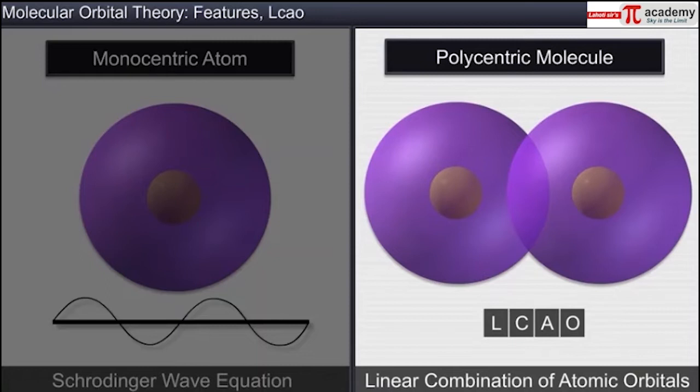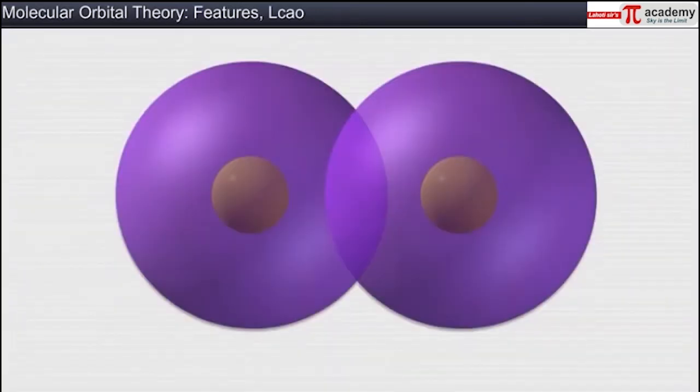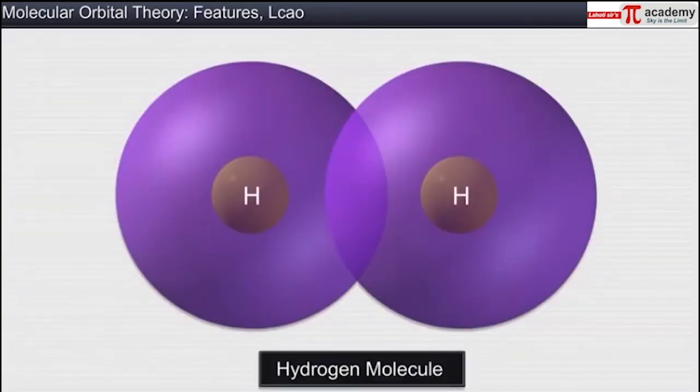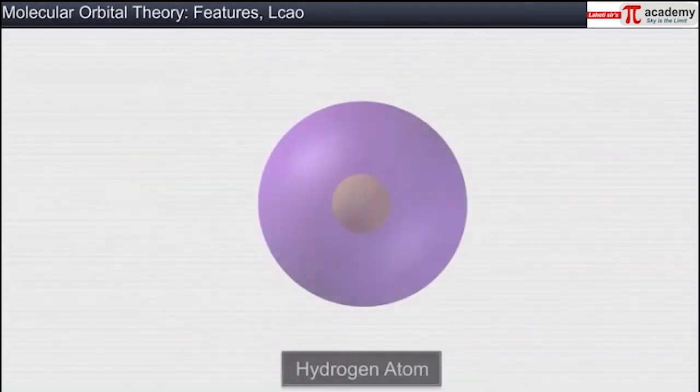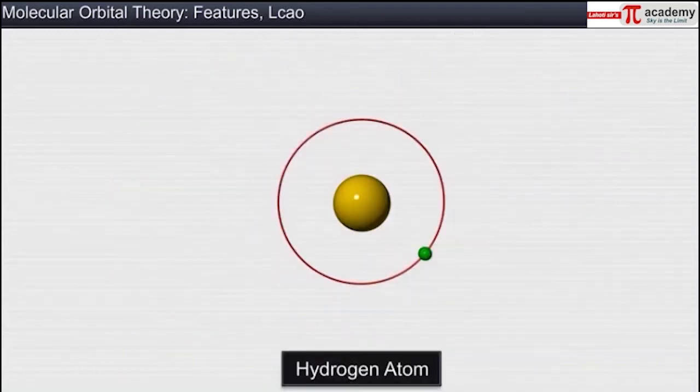To understand this method, let's consider the hydrogen molecule made up of two hydrogen atoms, A and B. At ground state, each hydrogen atom has one electron in the 1s orbital.